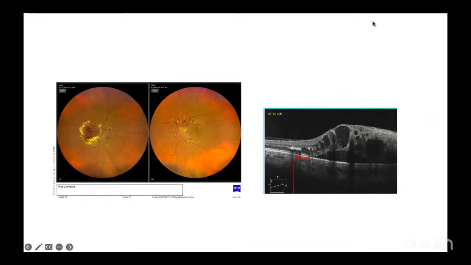Also you should inquire about intake of oral hypoglycemic agents like pioglitazones, which increase macular edema. So these two are important history you should not miss in your clinic. And regarding treatment, what do you suggest for the patient?